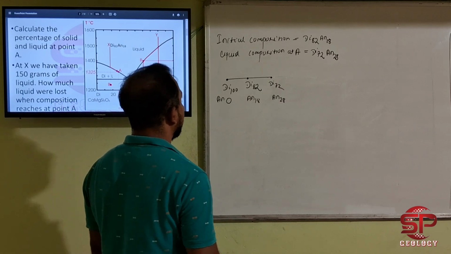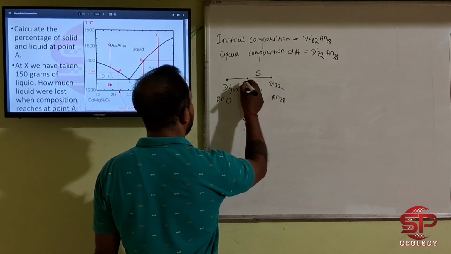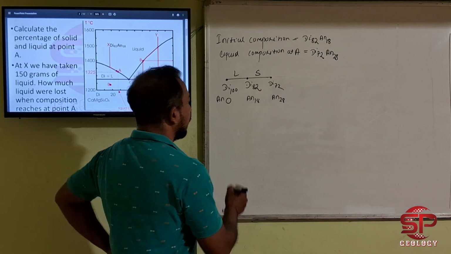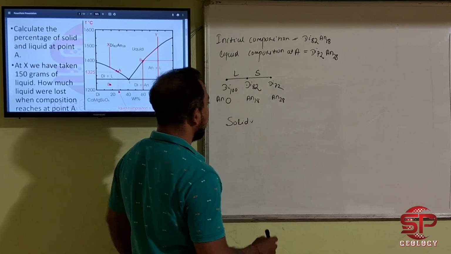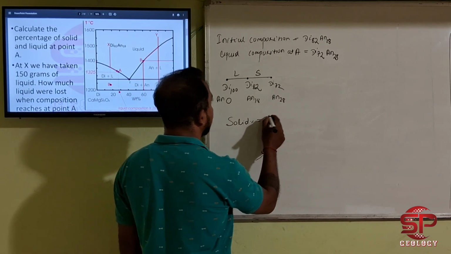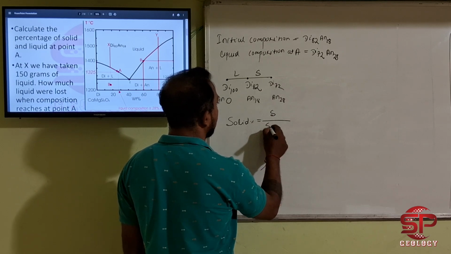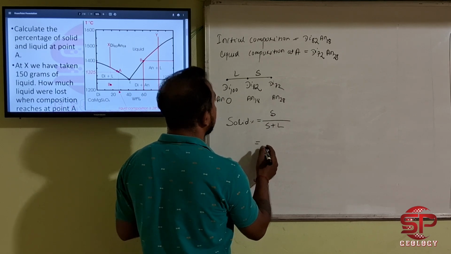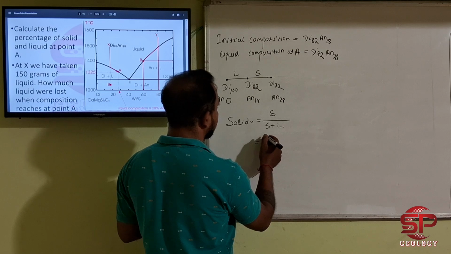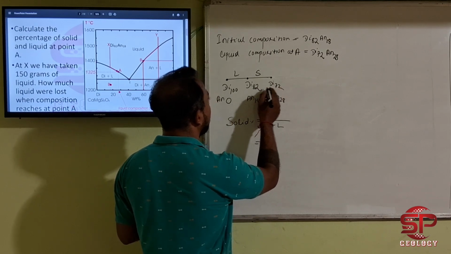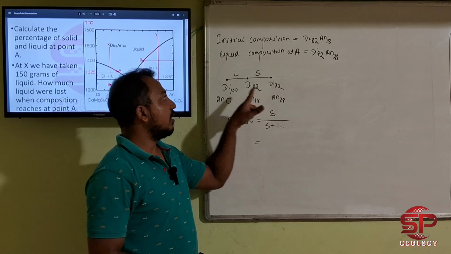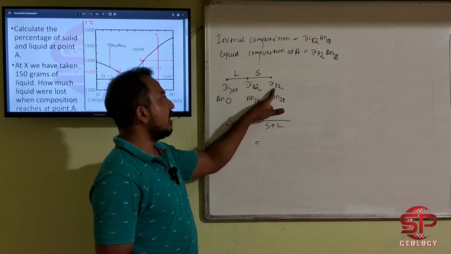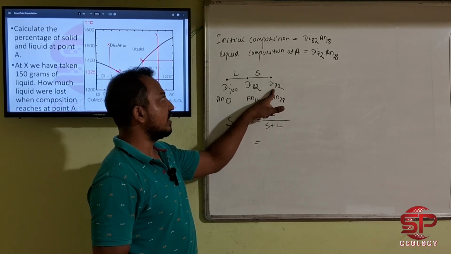So I have to calculate the solid percentage. This segment is the solid segment, this is the liquid segment. So solid percentage will be solid segment divided by solid plus liquid segment. The solid segment is the difference between the initial composition and the composition where the liquid is.